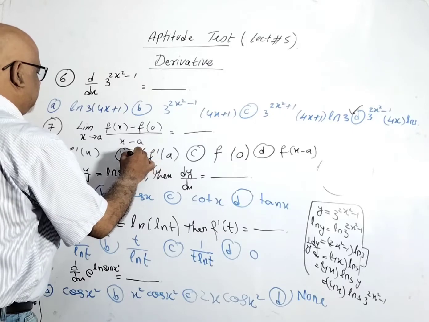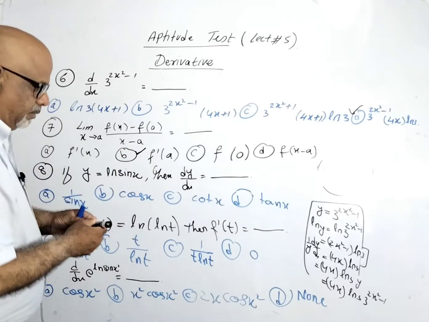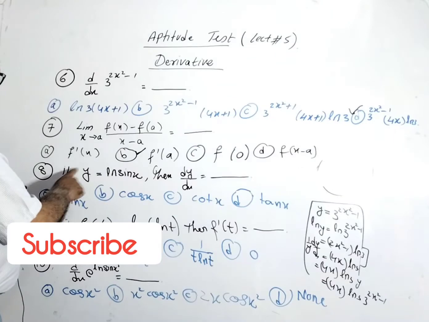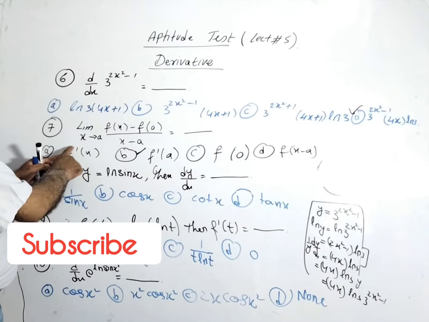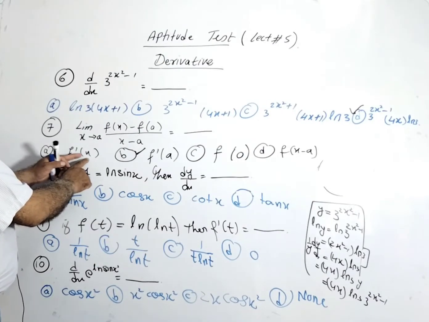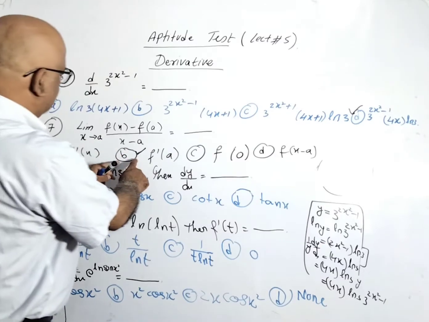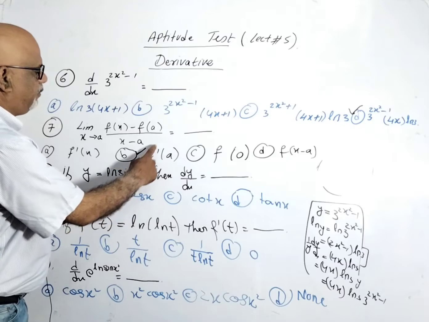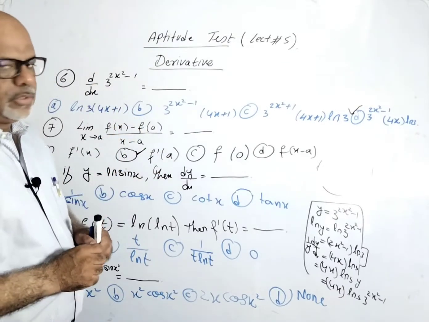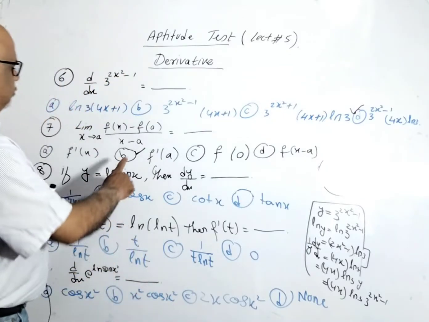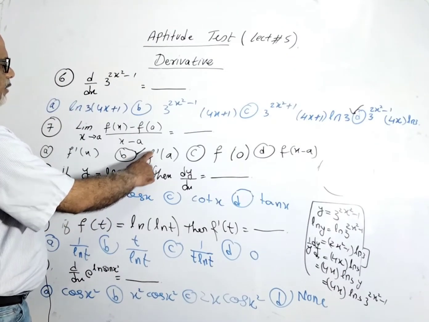More than 90% of students make a mistake and write option A, that is f prime of x. This is not x. x tends to a, so the correct option is B, that is f prime of a.